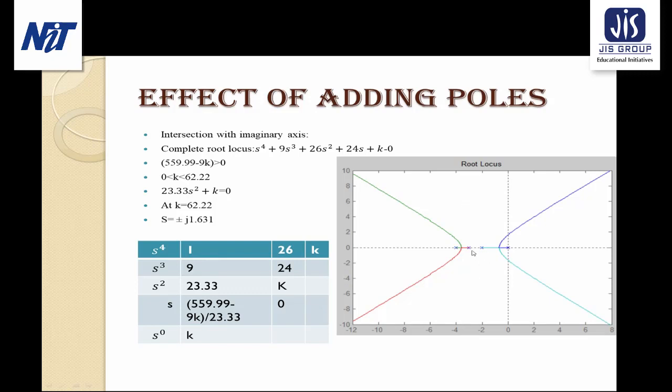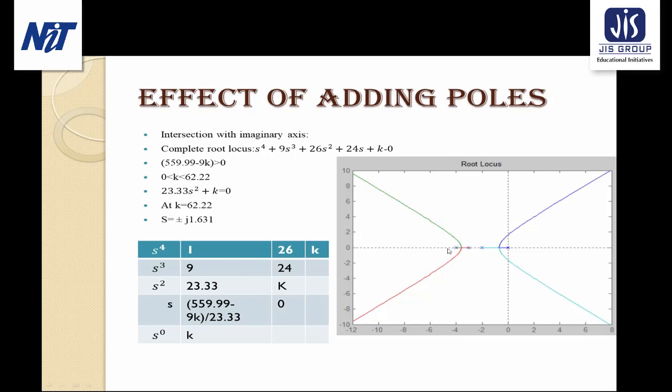Here also, for these two poles, that is the poles located at 0 and -2, the breakaway point is 0.68 something, and it will cut the imaginary axis at plus j1.631 and minus j1.631, and then follows the asymptotic angles.